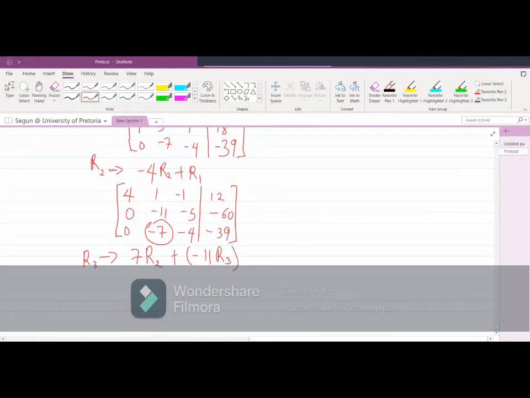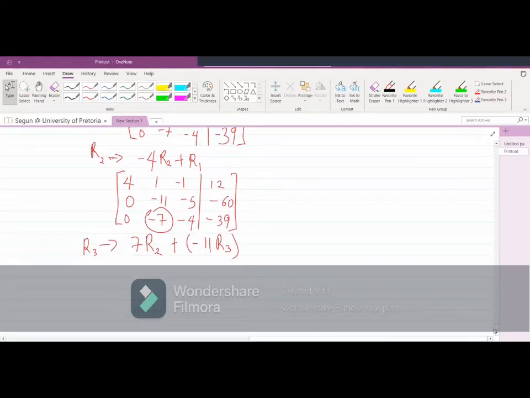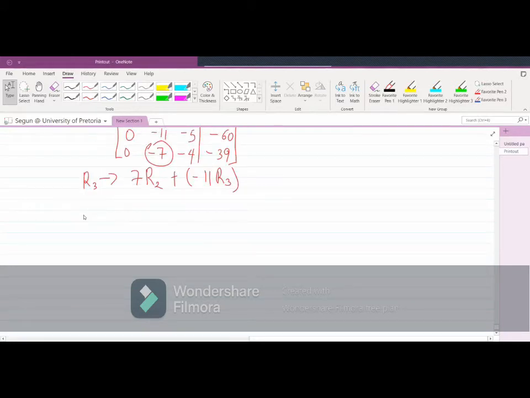Because 7 will multiply 11, it will give you 77. 11 will multiply 7, it will give you the same thing. So you cannot add them together with the negative, it will equal 0. That is mathematics, it's just simple arithmetic. So let's continue. In this case now, row 1 will still remain itself.